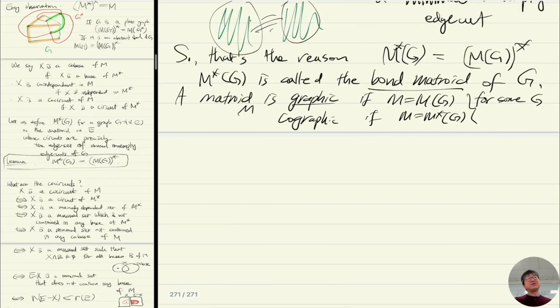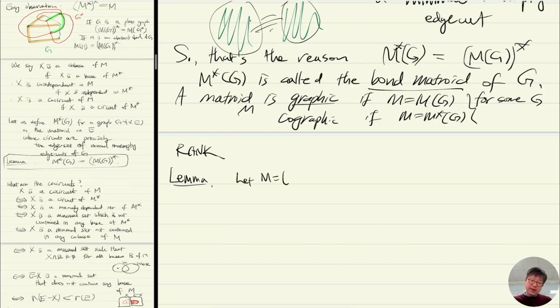All right, so I've explained the properties of circuits and co-circuits. Now, the one missing thing is the rank function, right? Remember, the rank is the maximum size of independent subsets of something. So here's the lemma.